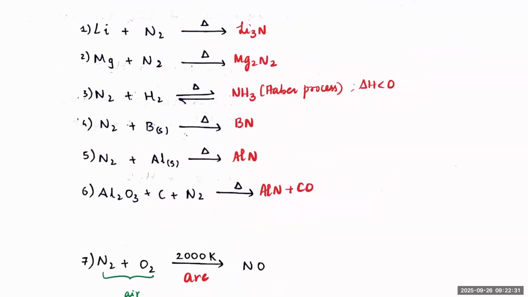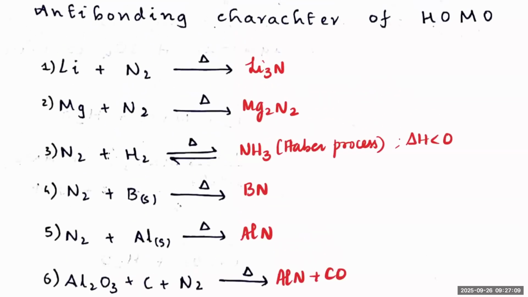But yes, with metals it could react like this. You can see with lithium and magnesium, it can form nitrides, lithium nitride and magnesium nitride. Got it? So you can see metals react with nitrogen to form metal nitrides. But these metals have to have a very strong ionic bond with nitrogen, which means they need to be smaller in size, with high positive charge on them, like this nitride, N 3 minus.